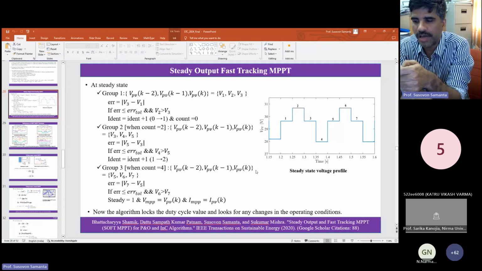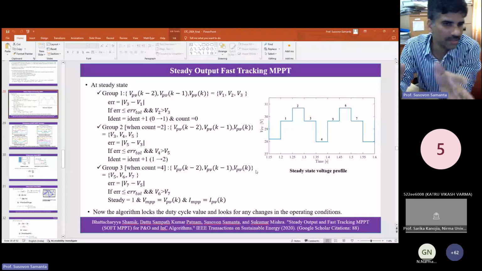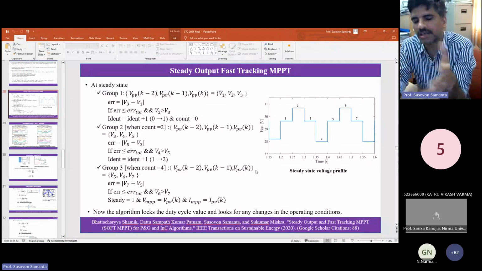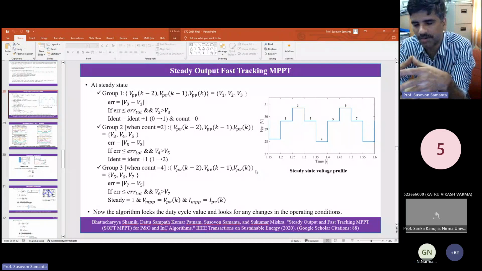If there is a sudden delta D, it will act as a step to the system. According to your delta D step, your panel voltage will vary. That depends upon the VPV by D transfer function, if you linearize the PV panel. There are various ways you can think about it.